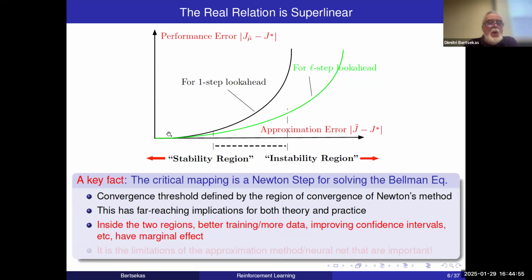You're not going to get any appreciable improvement in performance. On the other hand, if you are in the bad region, and let's say your approximation architecture is poor, then no matter how much data you collect, no matter how smart you are in training the neural network, it's not going to help you. It's going to have marginal effect, and you're going to fail. So that's an important insight on which we're going to elaborate as we go along, and we're going to see it also in action.